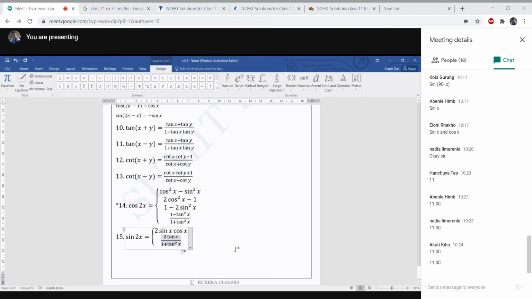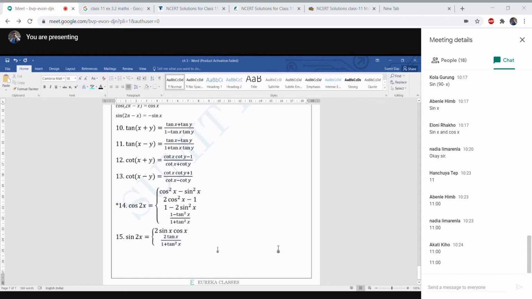Here one important thing is that x is not equal to n pi plus. Okay, these three formulas.